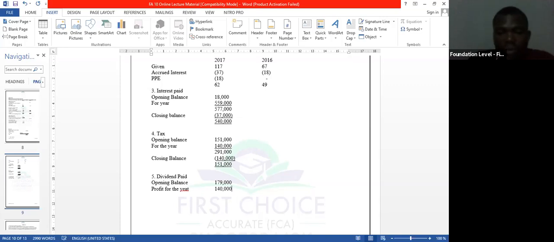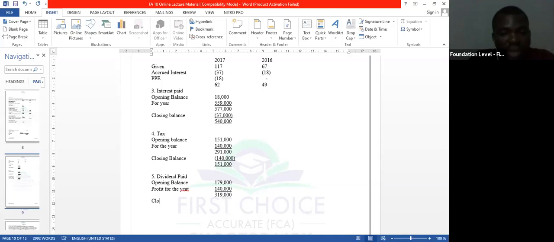Now that we have that, we need to add it together so that we know the total profit that we are entitled to. Addition of these two, 179 plus 140, will give us 319,000.